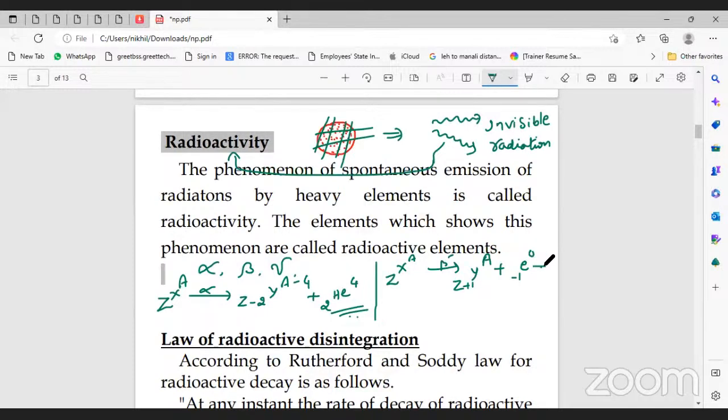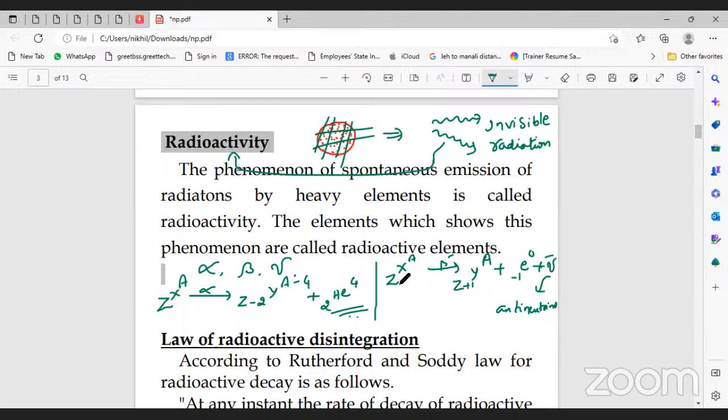In addition to this electron, one extra particle will come out according to conservation of energy, which was explained by the scientist Pauli. According to that, this particle we consider as an anti-neutrino, to conserve the energy.